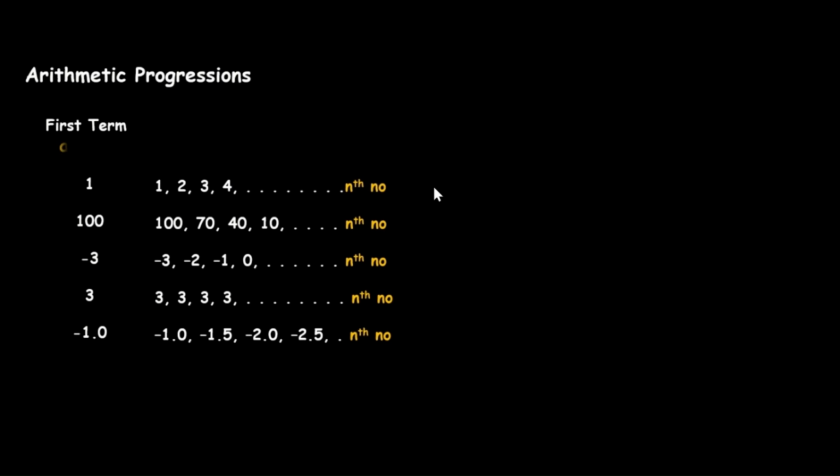And these first terms are indicated with symbol a or a1. Usually we indicate the first term with a, though a1 is also a right way of indicating the first term, but in general, the first term is indicated with symbol a. And the second, third, fourth terms are respectively a2, a3, a4, and so on. And the nth number of the arithmetic progression is called nth term, and it is indicated with symbol an.